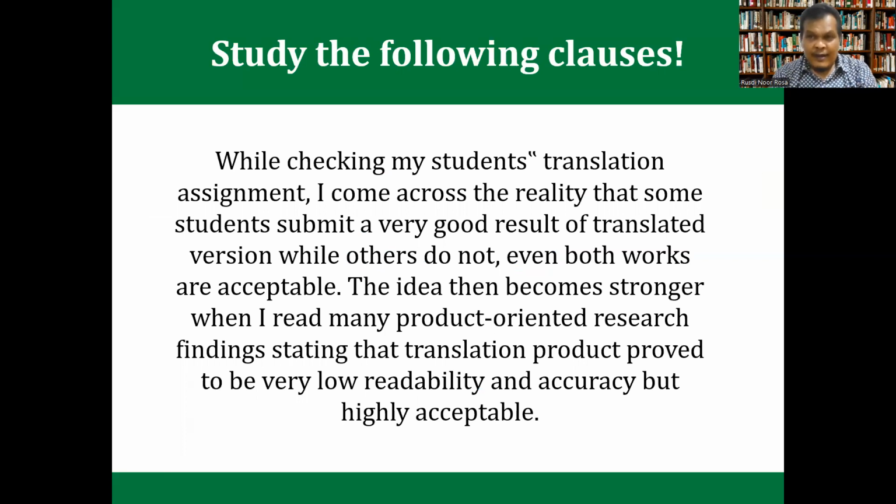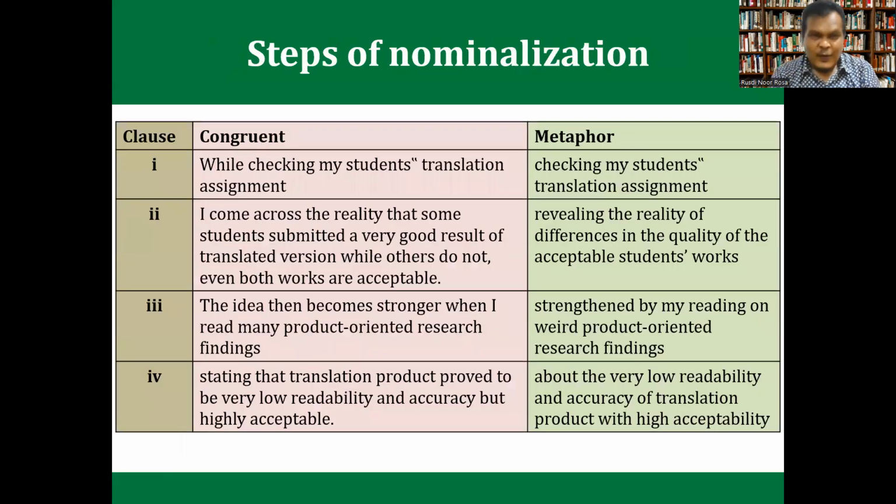Now, after careful reading, we have to separate the clause complex into several clauses. And the result is this. We have here the first clause, while checking my students' translation assignment, and then I come across the reality that some students submitted a very good result of translated version while others do not.